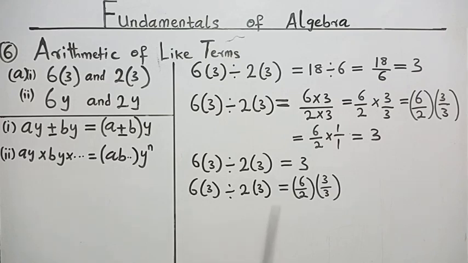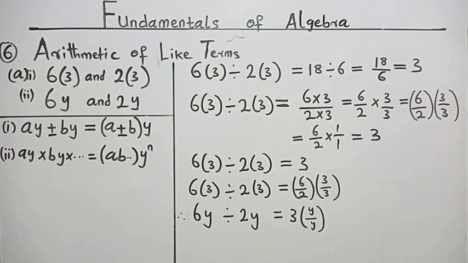Based on this second line, which we know works at all times, let me write a result of division involving algebraic expressions in line with this structure. Let me do it. And this is that expression 6y divided by 2y is what we have here. 6 is still where it is, but this 3 is now replaced with y.